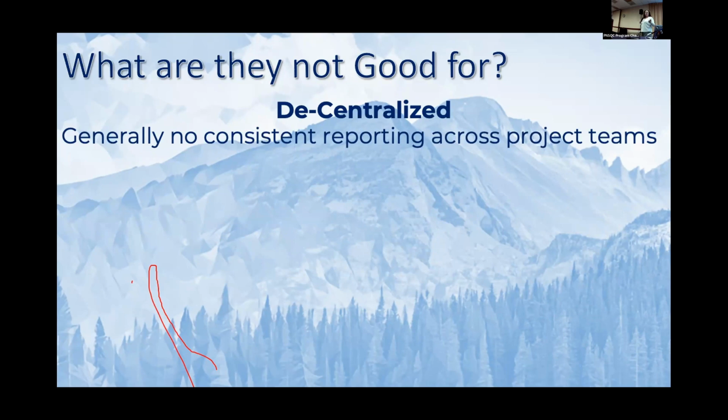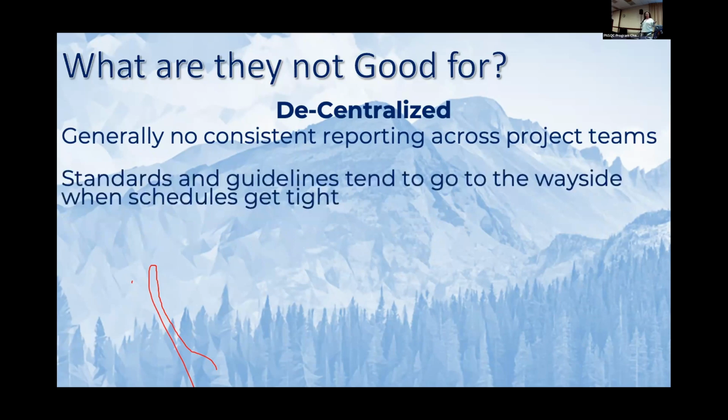When there's generally no consistent reporting across teams. It's not a great way if there is not a need or a desire for that consistent reporting. Standards and guidelines tend to go to the wayside when schedules get tight. So think about the engineering manager who is probably coming from a software engineering background and now has responsibilities and manages multiple practices: quality, platform, DevOps, software engineers, architecture in some ways.